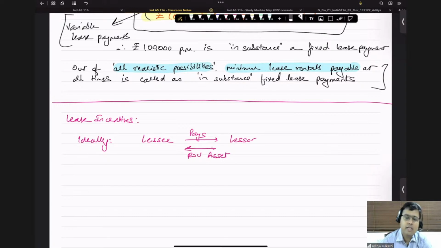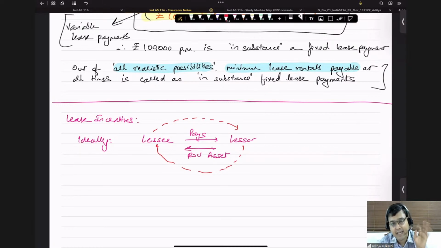Now, this payment which is being made not only flows from lessee to lessor; there is a payment that the lessor also makes to the lessee. Why does he make it? He is so happy. He was trying to put his property on lease, but nobody was coming.